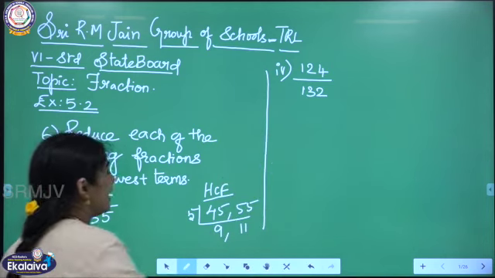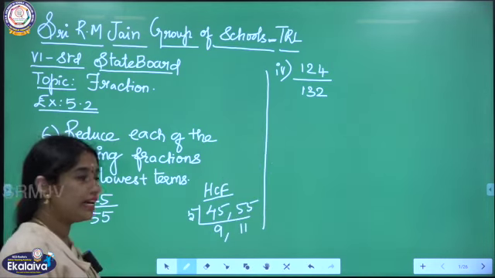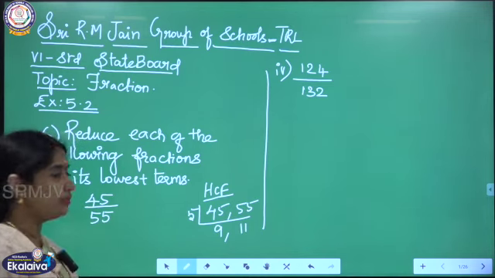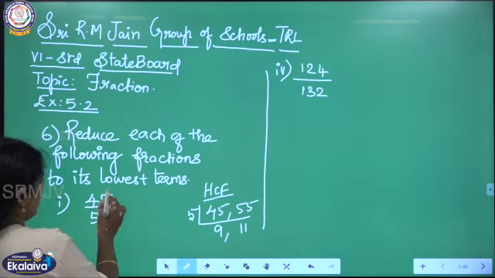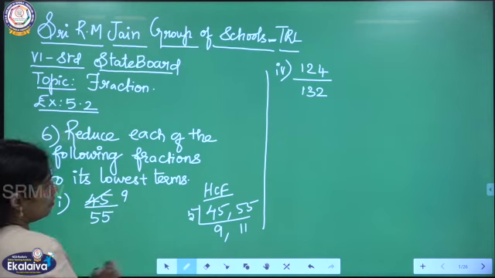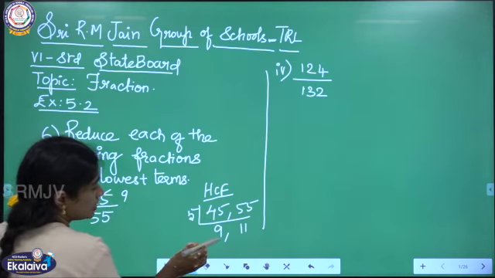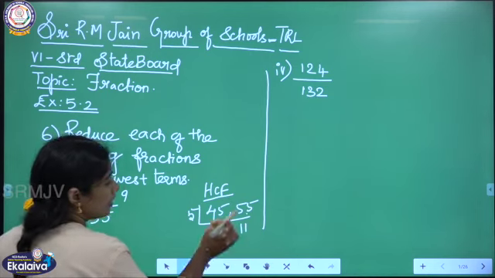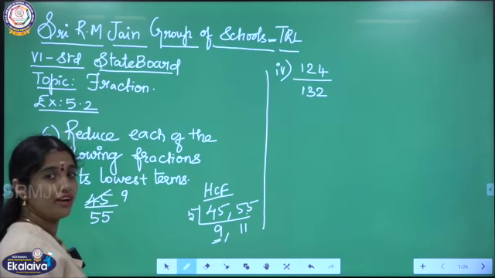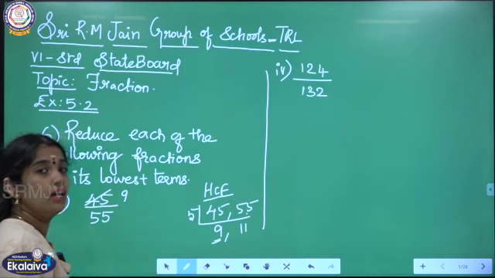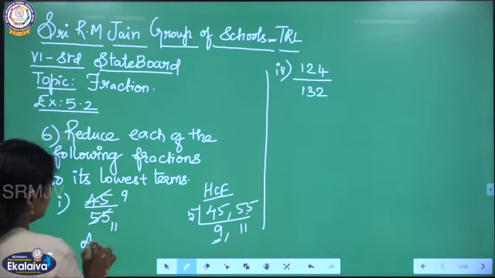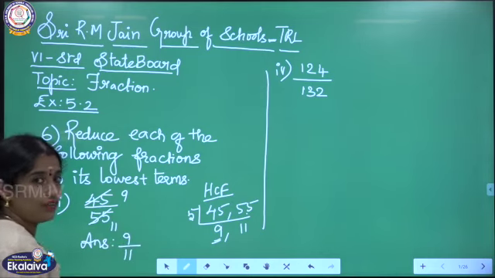Again I cannot divide, as 9 and 11 cannot be divided by the same number, so I can stop here. Instead of 45 I have to write 9, and instead of 55 I have to write 11, because I am dividing by 5. Got it? So what is my answer? 9 by 11. Got it?